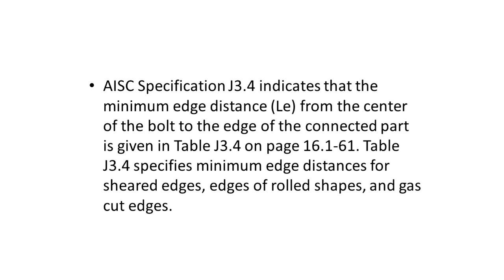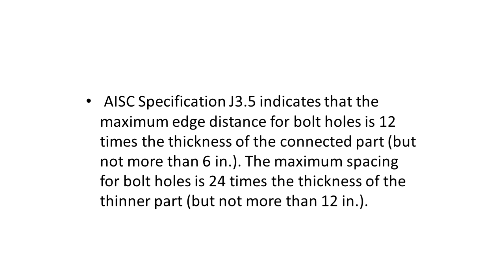Now AISC specification J3.4 indicates that the minimum edge distance Le from the center of the bolt to the edge of the connected part is given in Table J3.4 on page 16.1-61. This table specifies minimum edge distances for sheared edges, edges of rolled shapes, and gas cut edges. Now J3.5 indicates that the maximum edge distance for bolt holes is 12 times the thickness of the connected part.